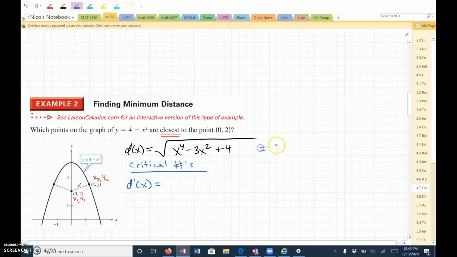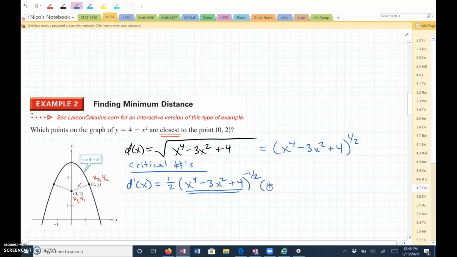So this can be thought of like this, and this would be the power rule, which would end up being chain rule. So it's going to be 1/2 times x to the 4th minus 3x squared plus 4 to the negative 1/2 power, and then you have to take the derivative of what's inside here.